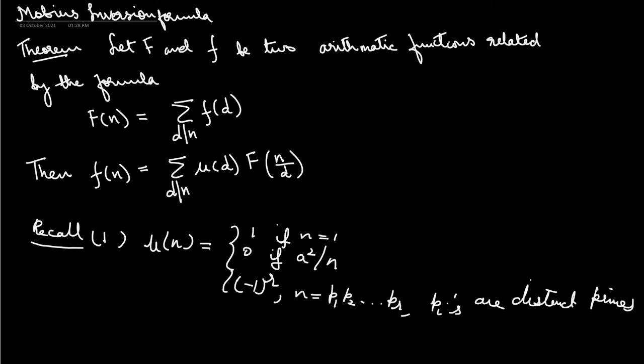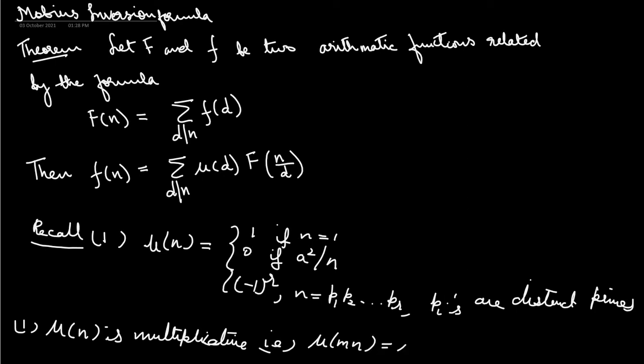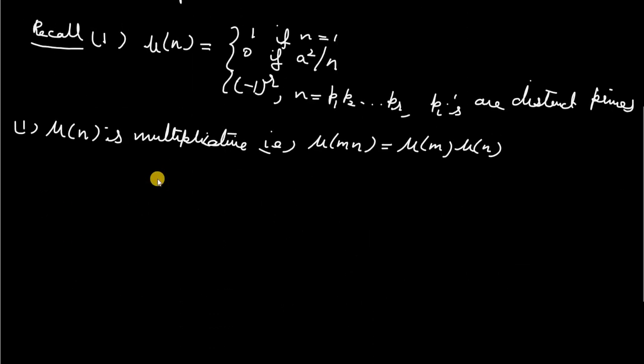Number 2, I'll recall back: mu of n is multiplicative. I have proved this result also. That is, mu of mn is equal to mu of m into mu of n when the GCD of m and n is equal to 1.